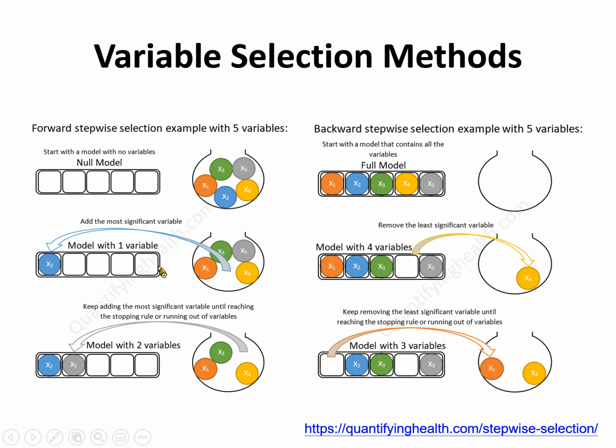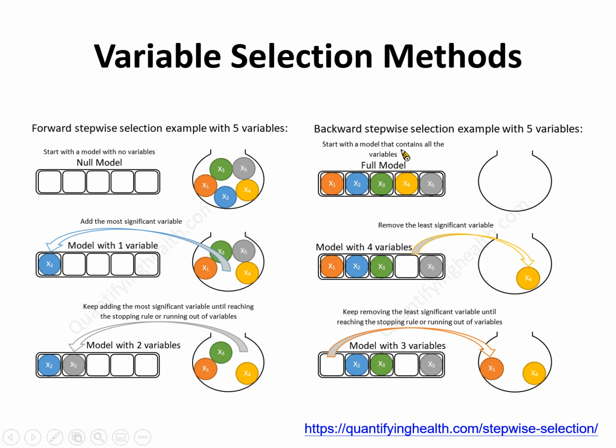Then we evaluate this model and try to find a second variable to add. If adding the second one makes the model better than the previous one, we keep that second variable. We repeat this procedure until no more significant variables can be added into the model. So this is forward stepwise selection.